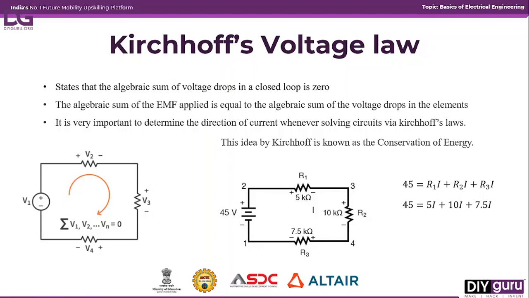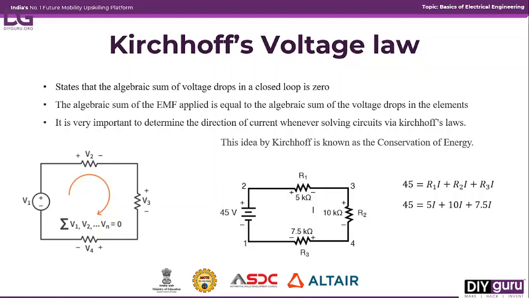Already we have studied that the resistor will dissipate energy in the form of loss, or you can say heat. So the algebraic sum of the voltage drops, V1 + V2 + V3 = 0. Here we have one more resistor, V4. So the algebraic sum of all the voltage drops is equal to 0.